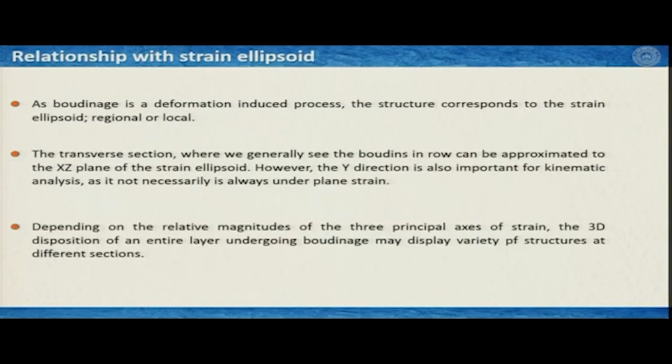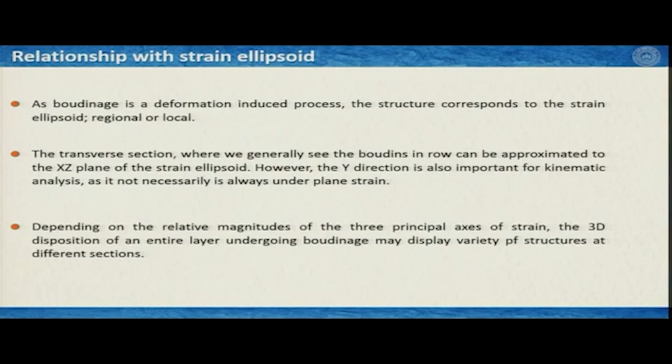Now, we will switch to the next topic, that is how these Boudinages, or Boudins, are related with the strain ellipsoid. Now, the Boudinage is a deformation induced process. This is quite obvious, we have learnt it. So, the structure must correspond to the strain ellipsoid either regionally or locally.